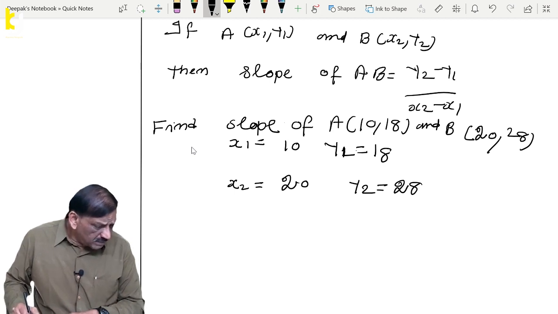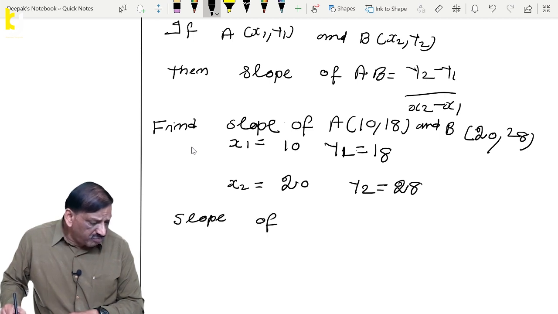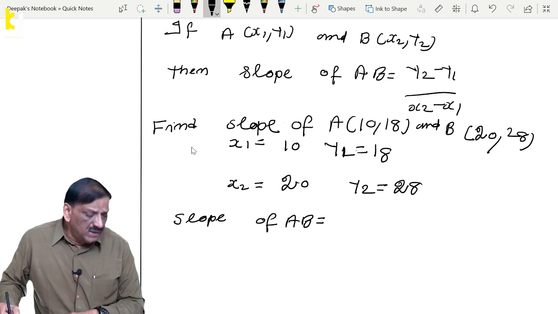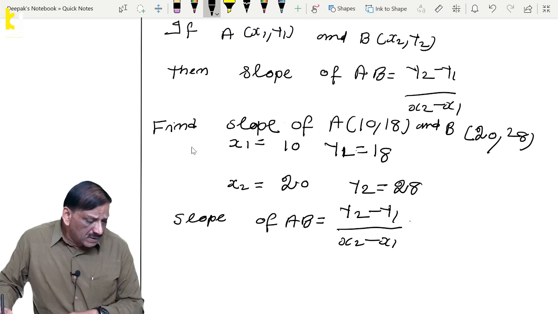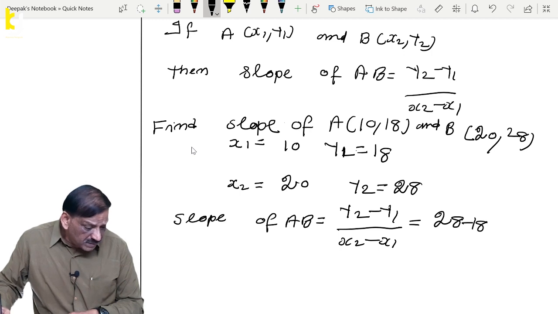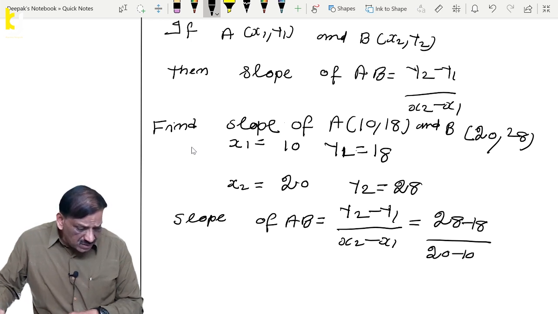Therefore, the slope of AB is given by the formula (y2 minus y1) divided by (x2 minus x1), that is equal to (28 minus 18) divided by (20 minus 10), that is equal to 10 by 10, that is equal to 1.